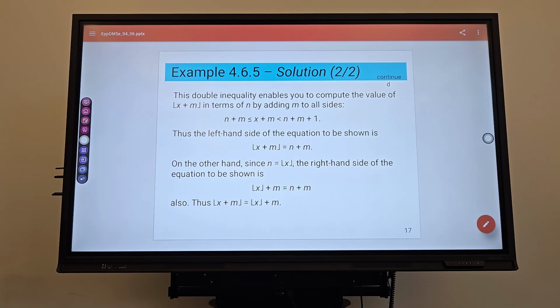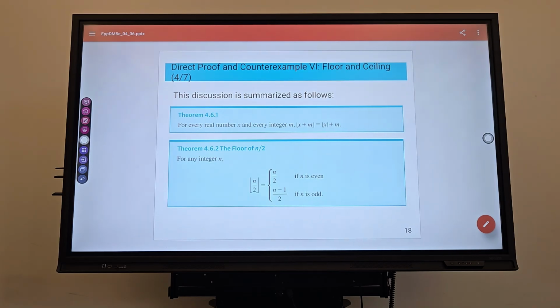Thus, the floor of x plus m equals the floor of x plus m. This discussion is summarized as follows. For every real number x and every integer m, the floor of the quantity x plus m equals the floor of x plus m.